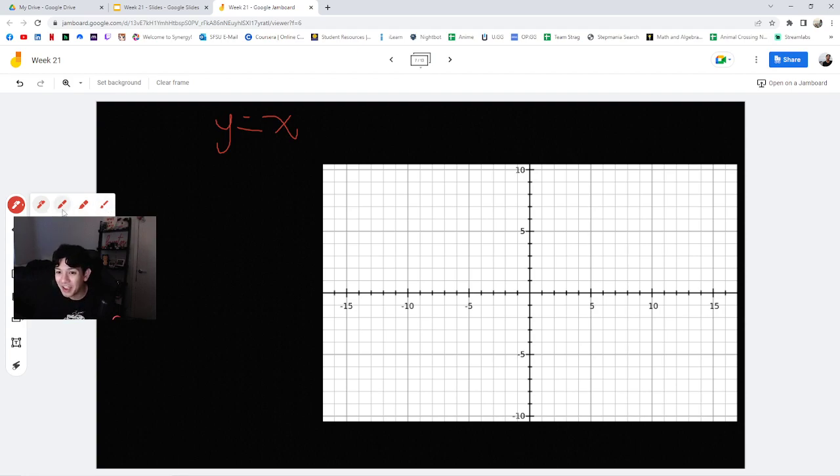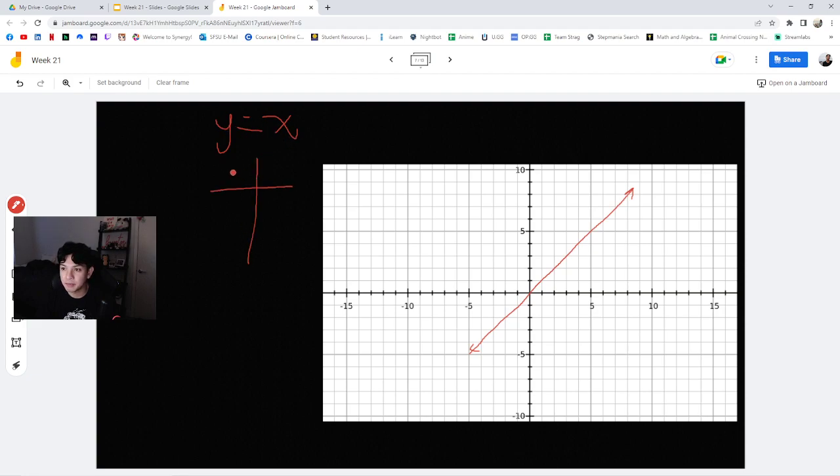Okay, anyway. Where is this going to be? This line is going to look something like this. It is a diagonal line that crosses through the origin. In math, we also call this the identity function, okay? Whenever you have a value of y, it's going to be the same thing as x.